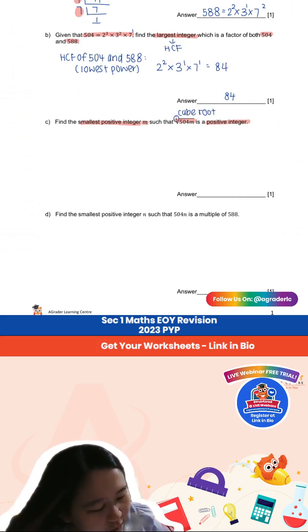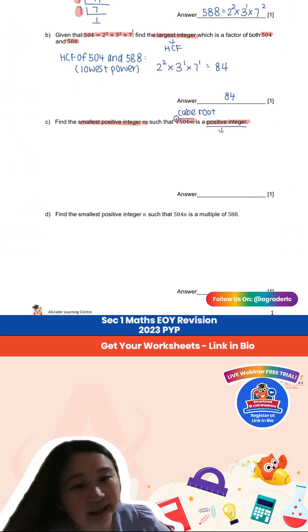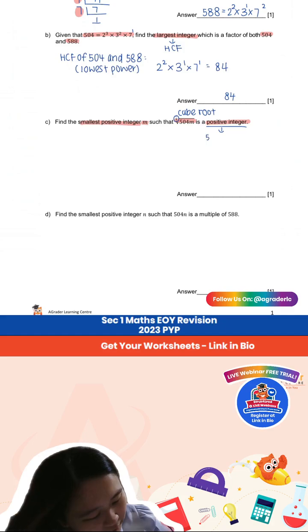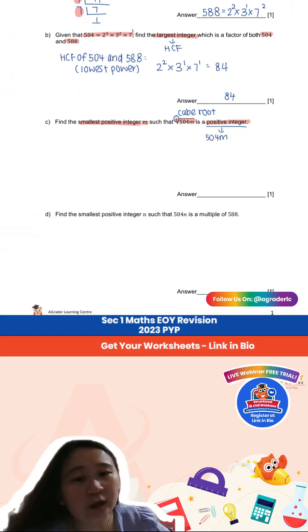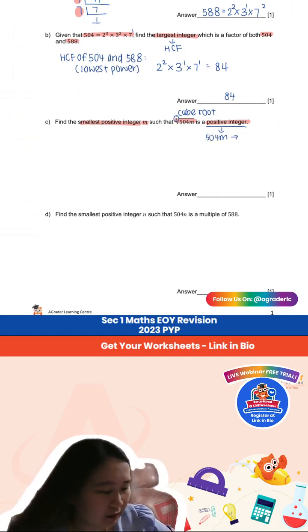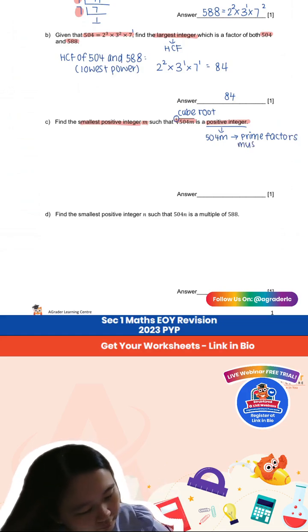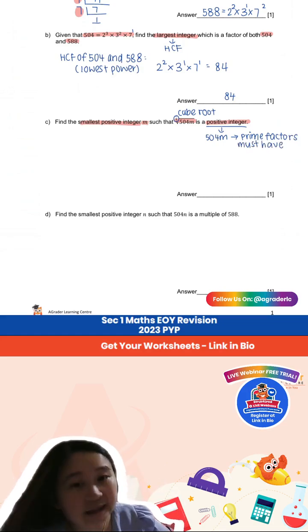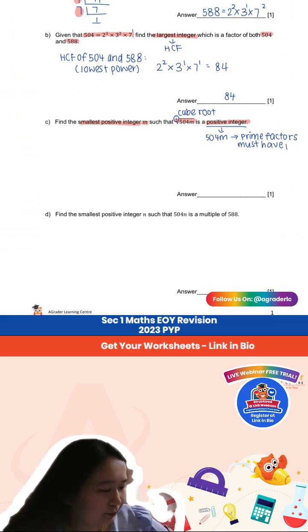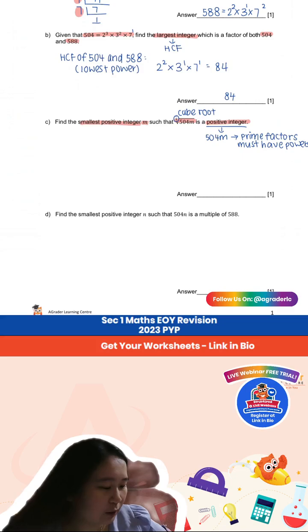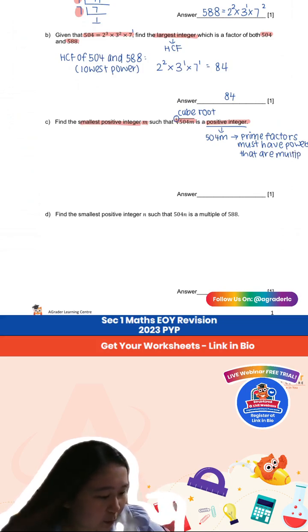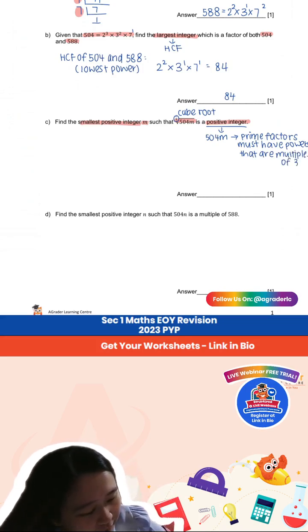After cube root, it's a positive integer, means that your 504m, whatever that's inside, its prime factors must have powers that are multiples of 3. Okay?